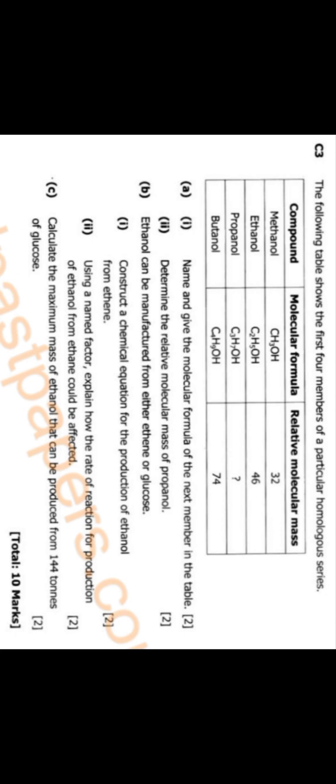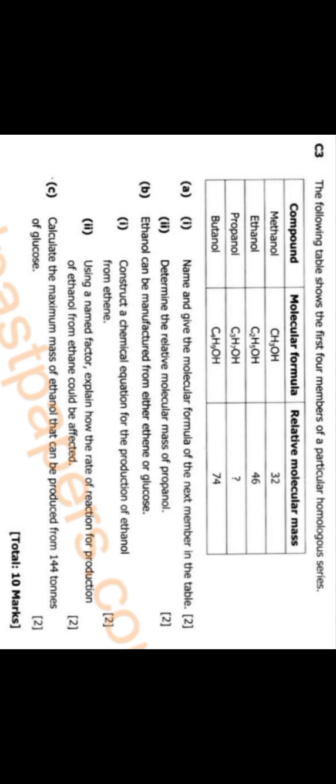For carbon the relative atomic mass is 12, so 3 times 12 gives us 36. For hydrogen, the mass is 1, and since there are 8, it is 1 times 8, which is 8.